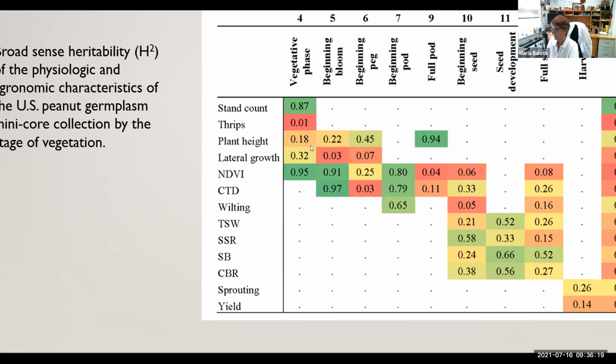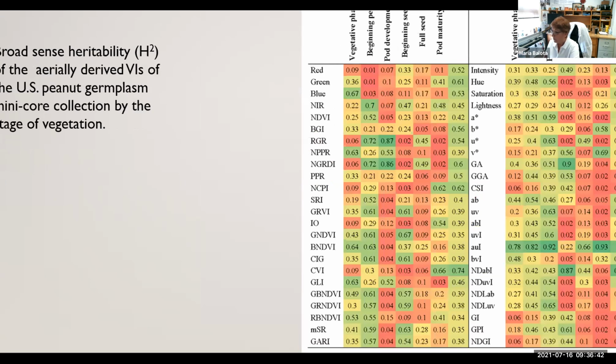So for plant height, for example, they are low up to full pod, when probably the maximum plant height was achieved, and so on. So I think the message of this chart is that it is important when to phenotype, regardless of whether you do it in an old way or in a new way using vegetation indices.